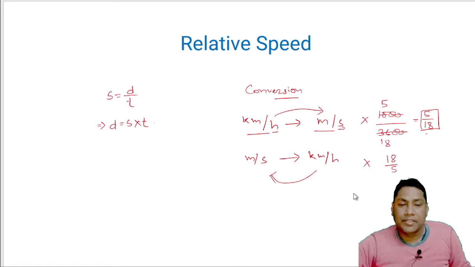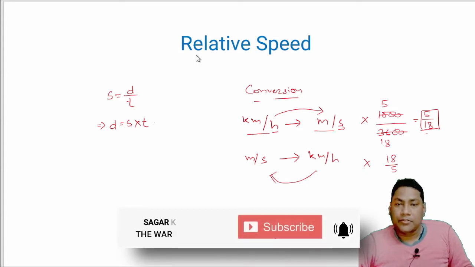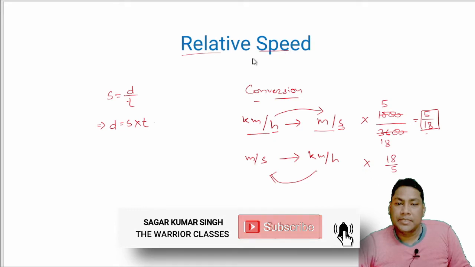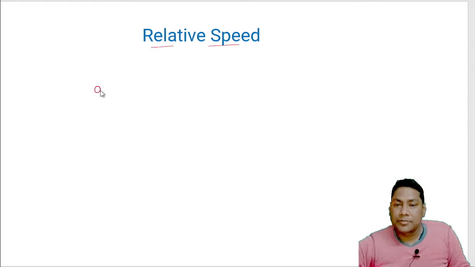We have discussed how to convert from kilometer per hour to meter per second and meter per second to kilometer per hour. Now we will discuss relative speed. Let us take another slide. Let us assume two moving bodies, A and B. There are two conditions.